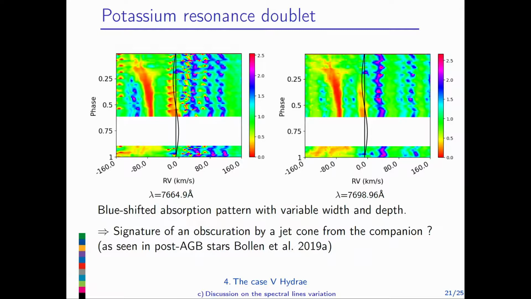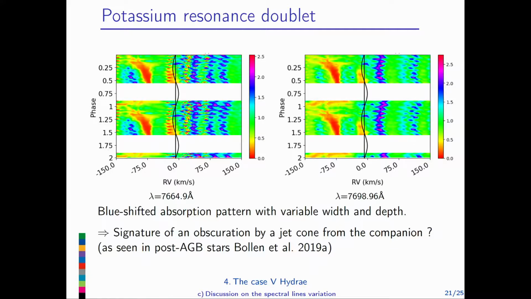On the right part of each graph is the redshifted range of values, so it is not really interesting. You can only see molecular absorption and emission. But on the left part of the graph, here and there, you can see the absorption feature being larger in velocity around phase 1 and having a shorter range of velocity but deeper around phase 0.5.